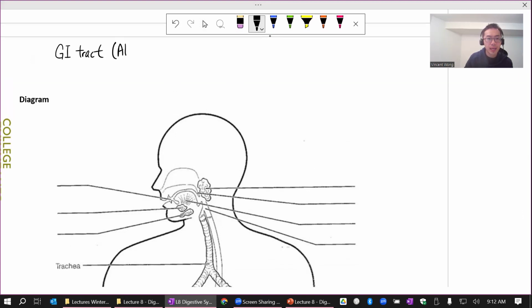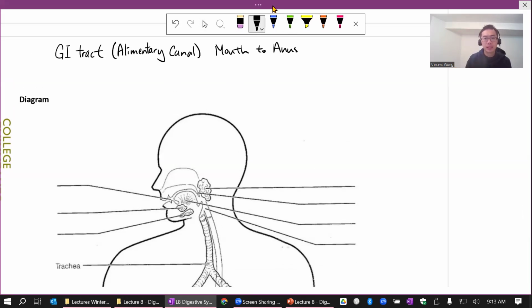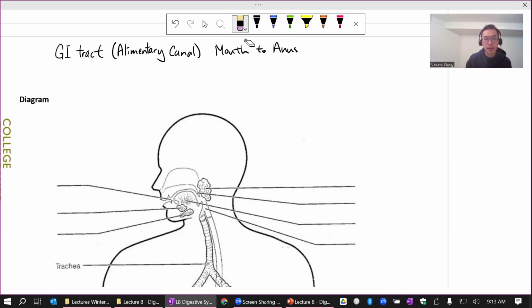It's also called the alimentary canal. That is from mouth to anus. It's a continuous tube, right? In one way, out the other. And along the way, we have accessory organs.